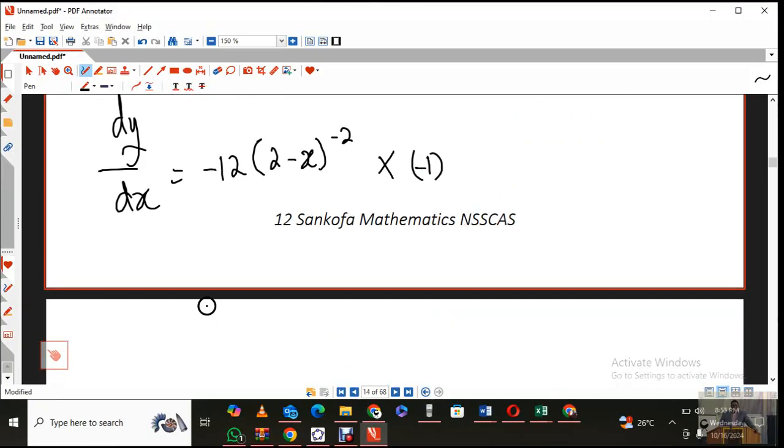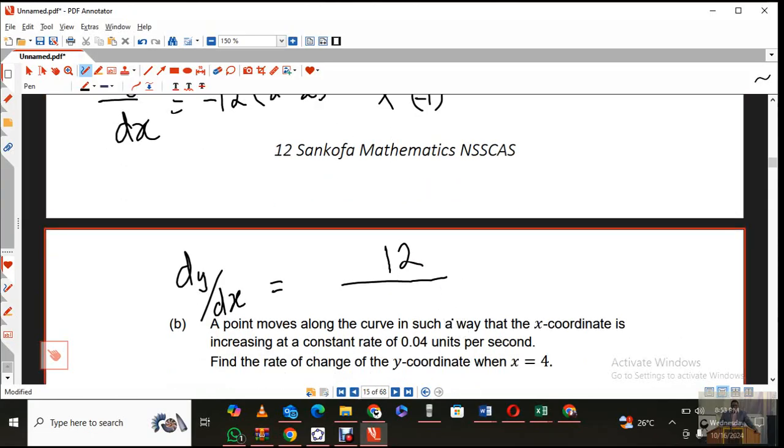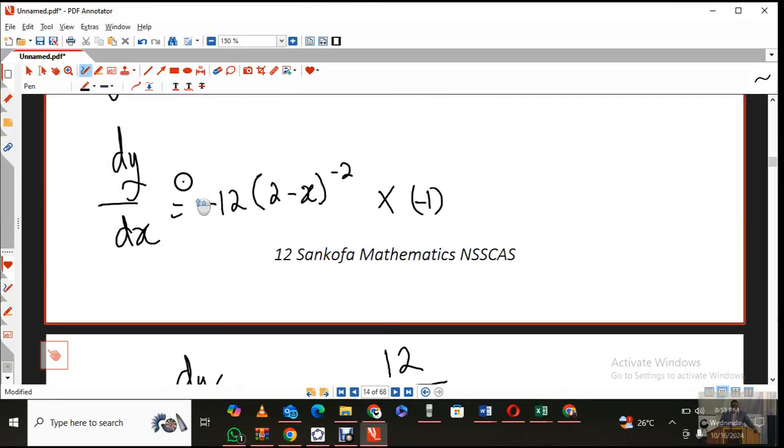So dy dx is, that negative times that negative gives this a positive 12. And because of that negative, I'm going to put this whole business 2 minus x over that. So it's 2 minus x, now it's a square. Looks like we have run out of space, so let me just bring in a new page.